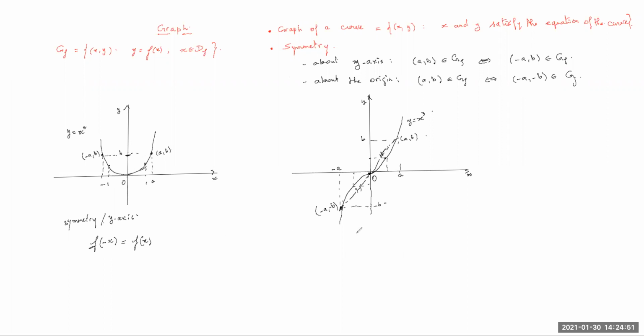And here you have f(-x) equal to -f(x). This is how we check whether a function is, as we call it, an even function, and this one is an odd function. This is the terminology that you should get used to.